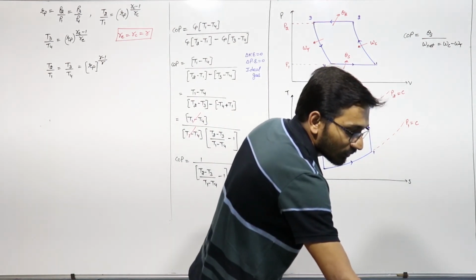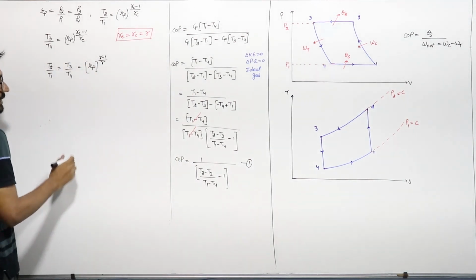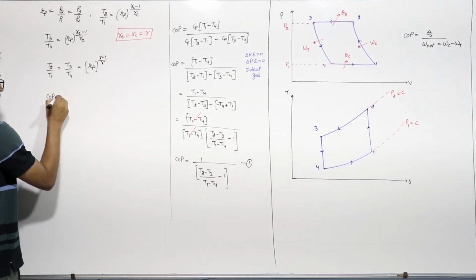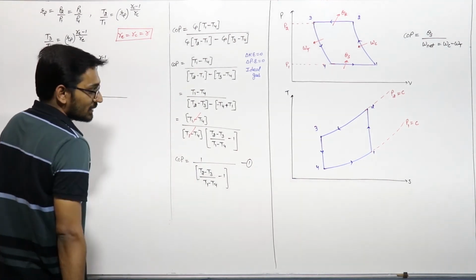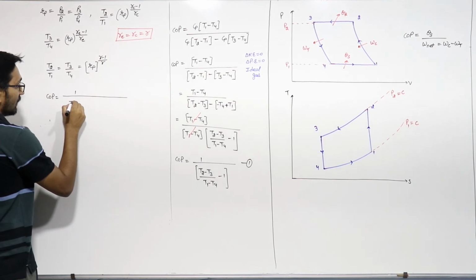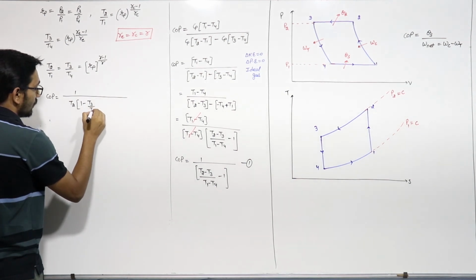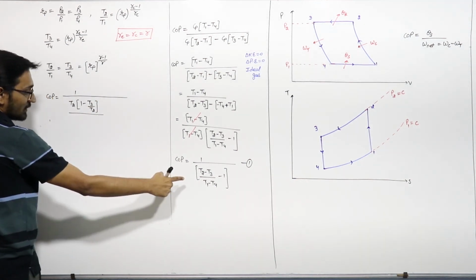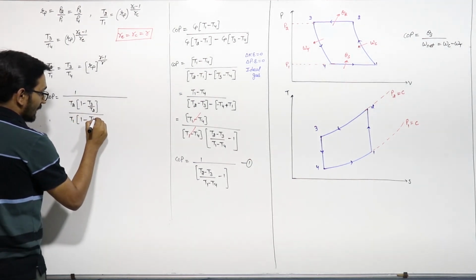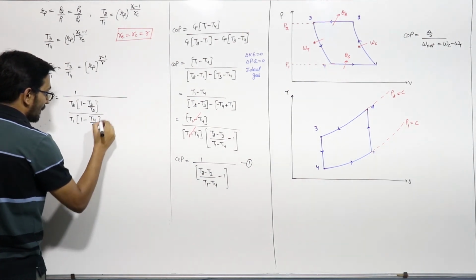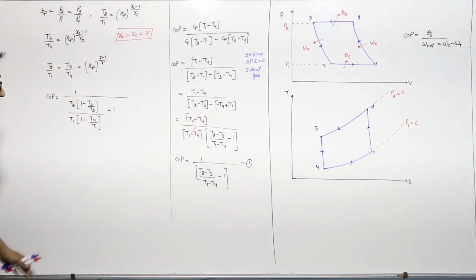So from this equation we can write COP is equal to 1 upon, if I take T2 common, T2 into (1 minus T3 by T2) divided by, taking T1 common, T1 into (1 minus T4 by T1), minus 1.